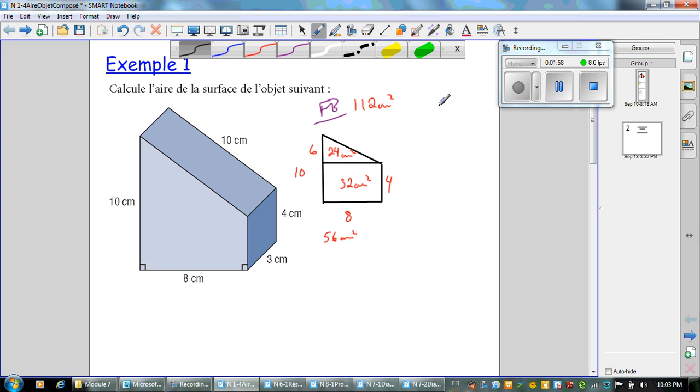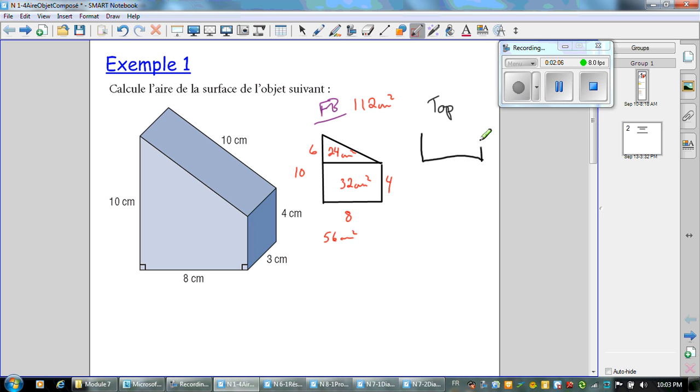Now, if I were to look at the top, it would be a rectangle, but the top would be different from the bottom because it doesn't have the same dimensions.